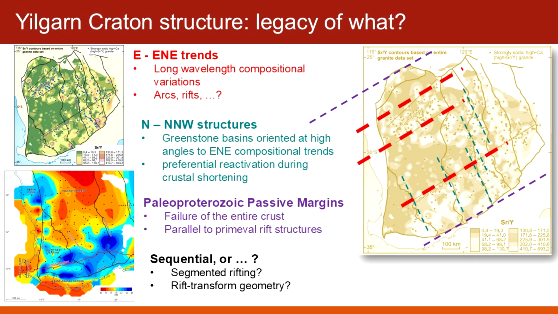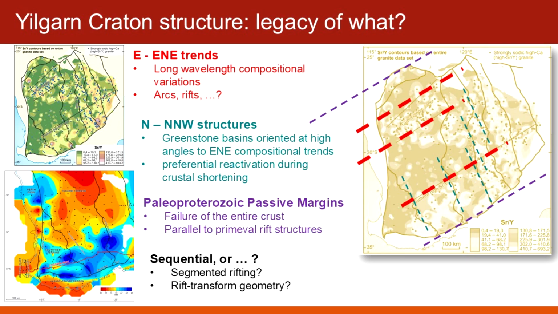We then have the north-northwest structures. They often control the orientation of the greenstone basins. They get preferentially reactivated during crustal shortening and form all of those boundaries. Again, they're not always parallel and not always in that orientation, but as a rough approximation. And then interestingly, in the Paleoproterozoic, we have the margins fail, in the north and in the south, parallel to these east-northeast trends. So this is a situation where you get a failure of the entire crust and lithosphere, parallel to those primeval structures.